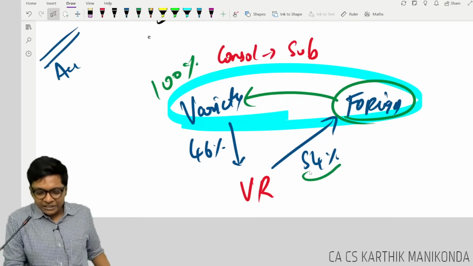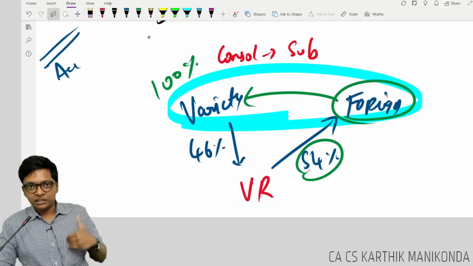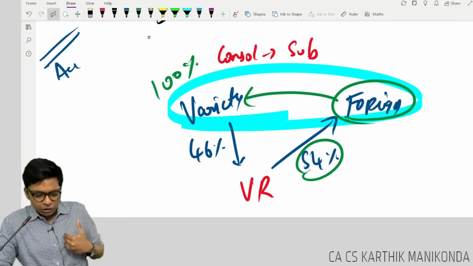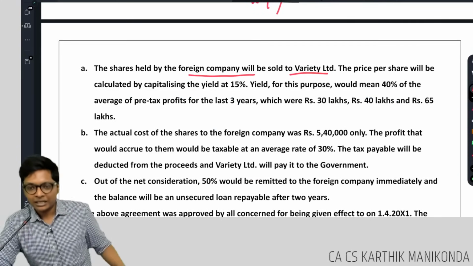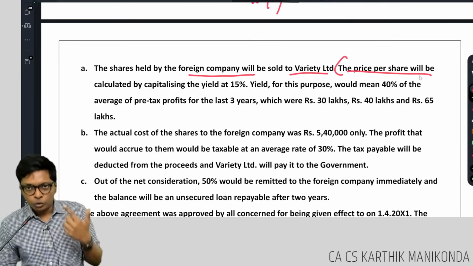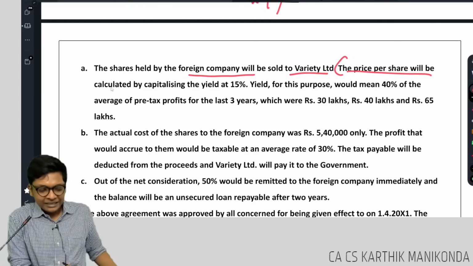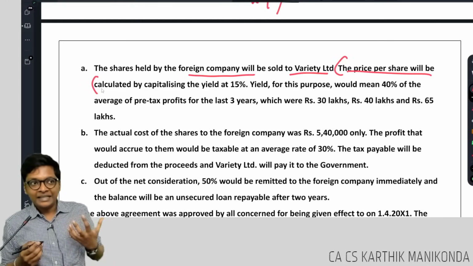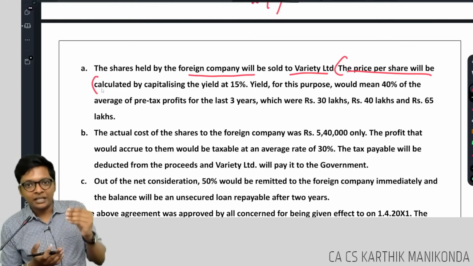So I am purchasing how much, guys? 54%, for which I have to pay something. That means you have to compute purchase consideration. The price per share, how much to pay to the foreign company, is calculated. A little bit of amalgamation chapter in consolidation.